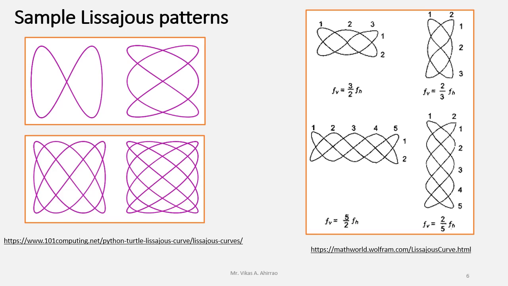In the third figure, they have also numbered a few points at the horizontal tangent as well as vertical tangent. And below these Lissajous patterns, they have also mentioned the vertical deflecting plates frequency FV in terms of some multiple of the horizontal deflecting plates frequency.